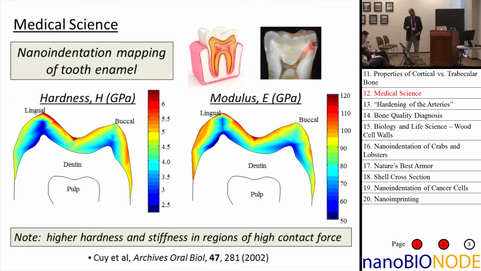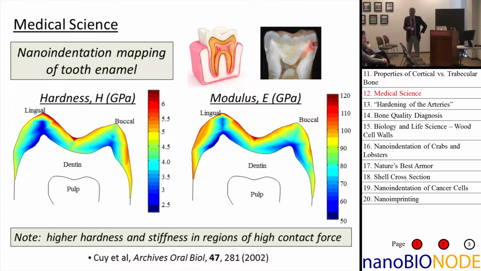So what they then did was simply go through. They had enough indents that they could map what the local properties are, the hardness and the modulus. And what you find out here is really kind of interesting. The hardness is high here, which is the biting surface. You would expect it to be hard. But it's relatively low here. And one of the reasons it's low here is that the modulus is low there.